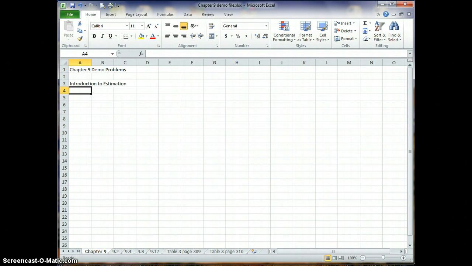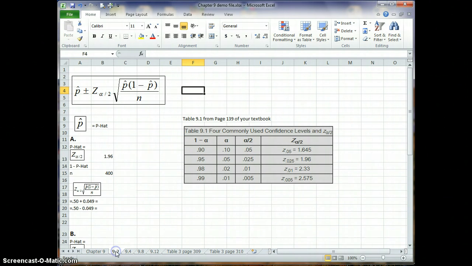So we're going to start here in problem 9.2, so I'll click over to that tab. And you can see I've already included a lot of information on this tab, and this file will be uploaded to D2L for you to look at.